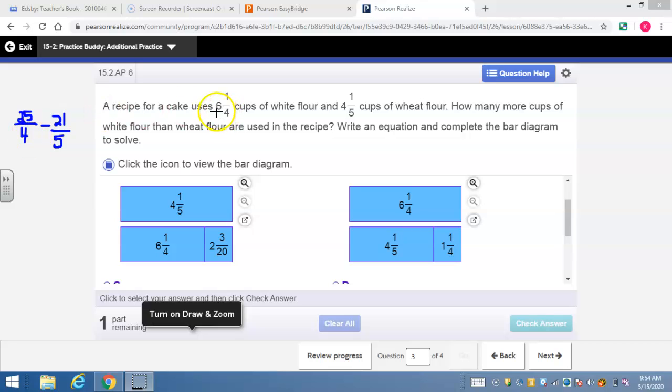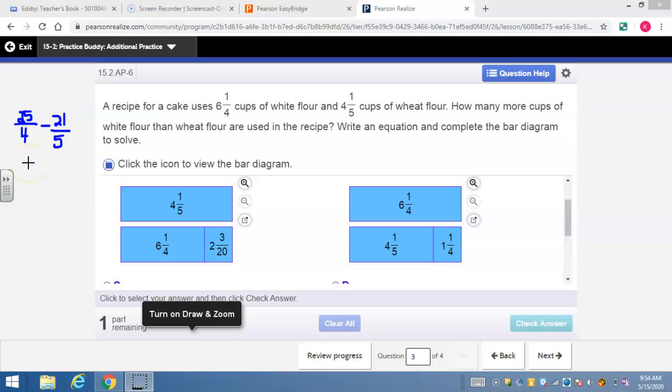Well, I did 6 times 4, which would be 24, and then I added the 1 to get 25. My denominator stayed the same as fourths. I did the same over here. 4 times 5 is 20. I added the 1 to get 21. So now I have 21/5 and I have 25/4.